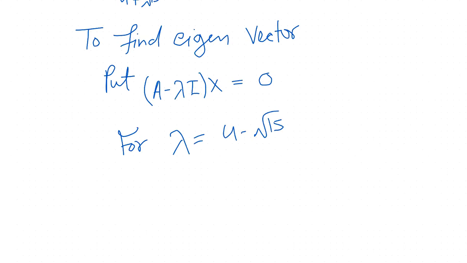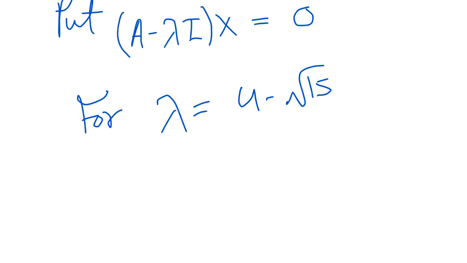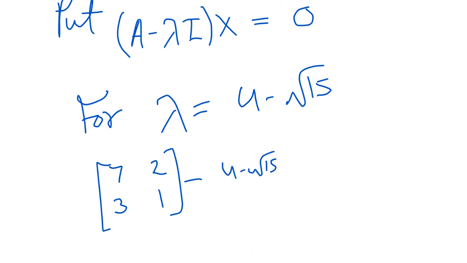Let us find A minus lambda into I. So A is 7, 2, 3, 1, and lambda is equal to 4 minus square root of 15 into the identity matrix.